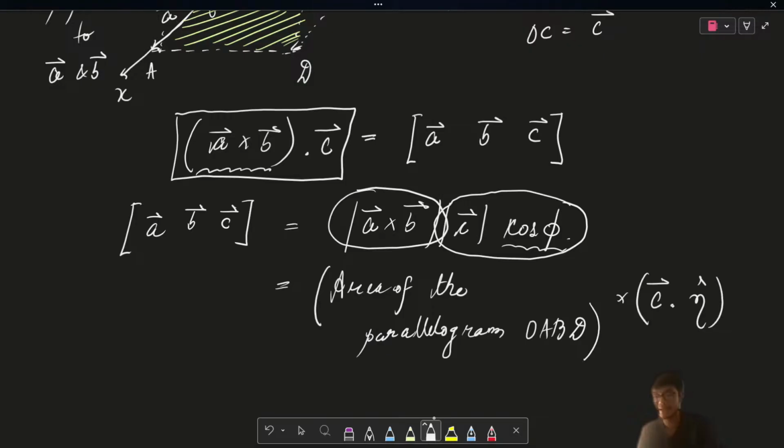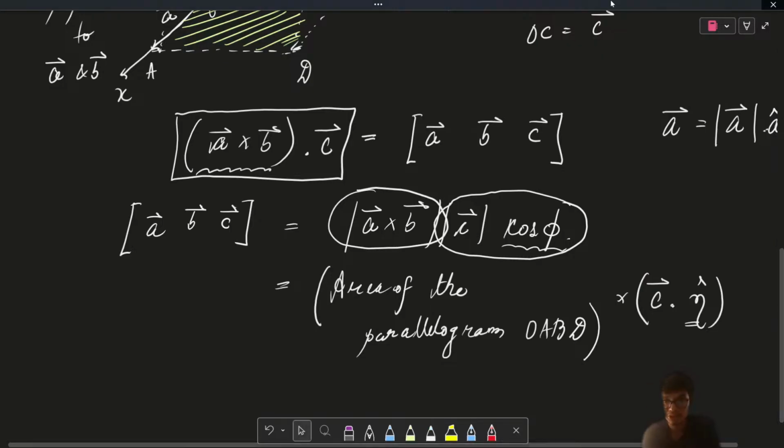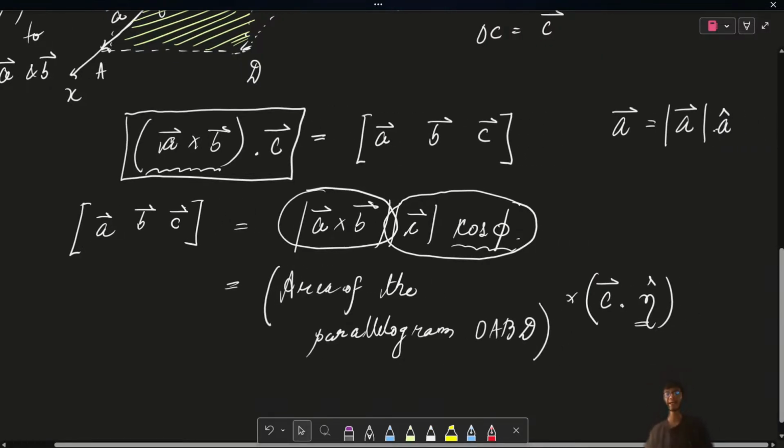This I can write as C vector dot n cap, because I have expressed the A cross B vector as the area of the parallelogram multiplied with the unit vector along that direction. I can obviously do that because any vector can be given as the magnitude of the vector multiplied with the unit vector, and this unit vector denotes the direction along which the vector is oriented.